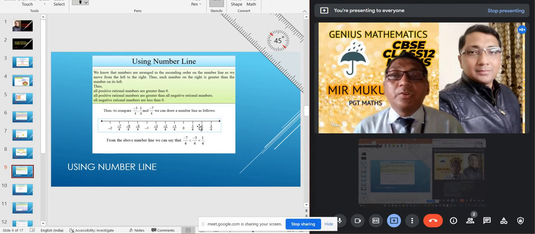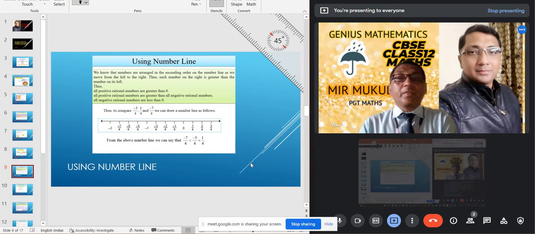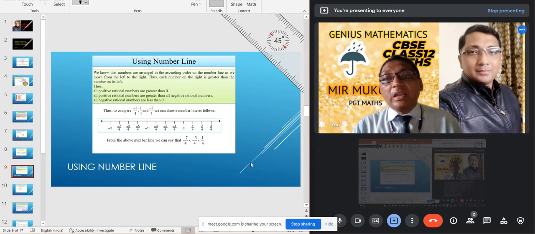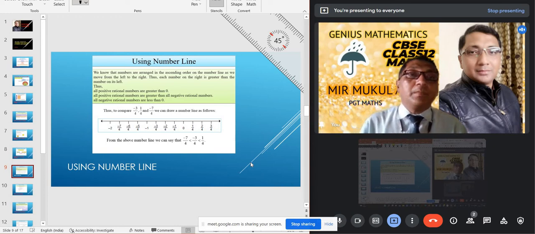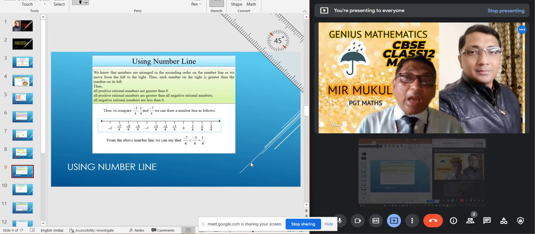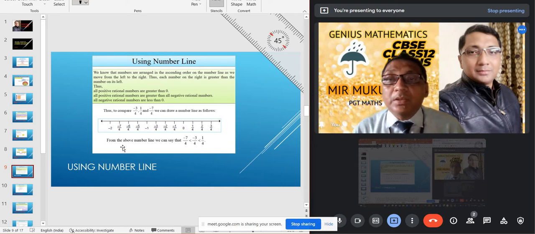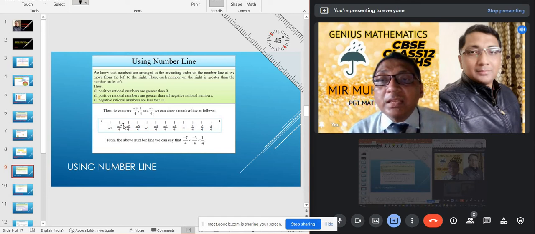Here, if we draw a number line and want to compare minus 3 by 4, 1 by 4 and minus 7 by 4, which one is bigger? If a number is on the left-hand side, it will be smaller. If a number is on the right-hand side, it will be bigger. Here we can observe that minus 7 by 4 is on the left-hand side and 1 by 4 is on the right-hand side.